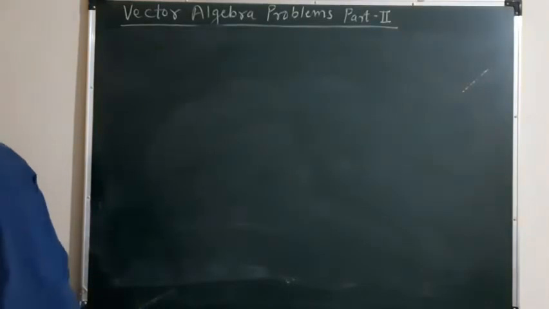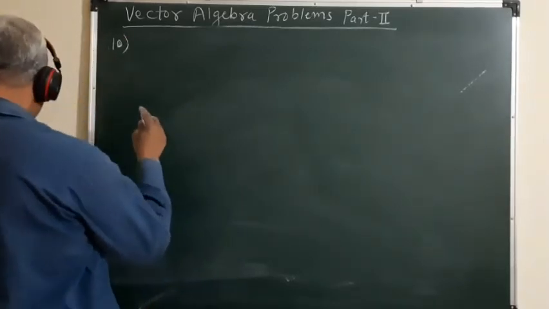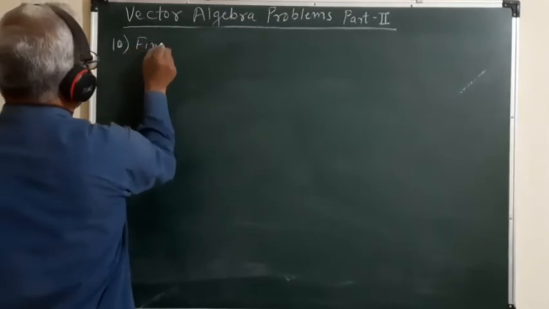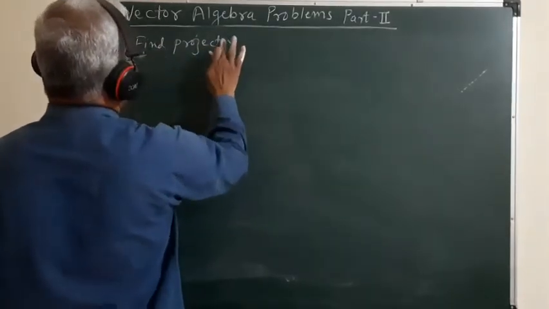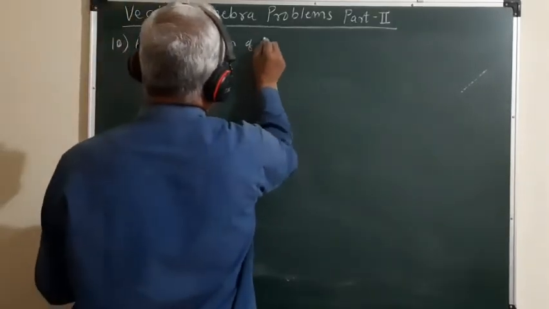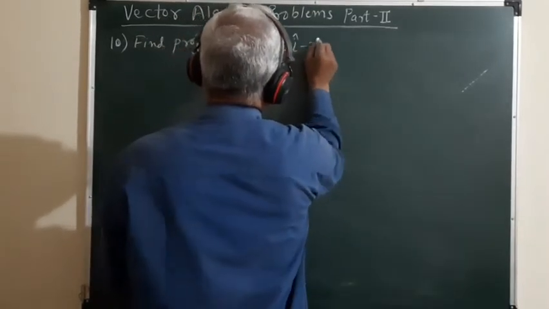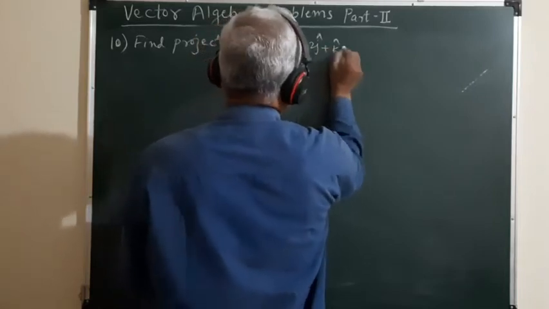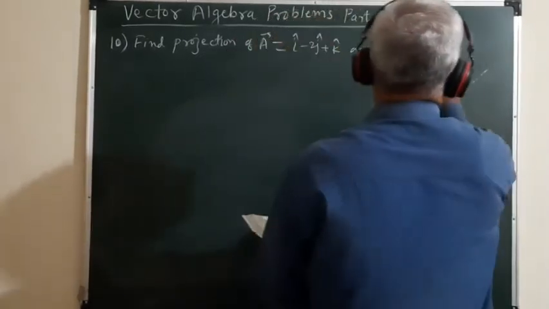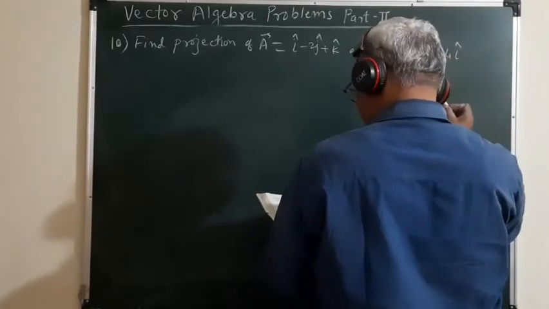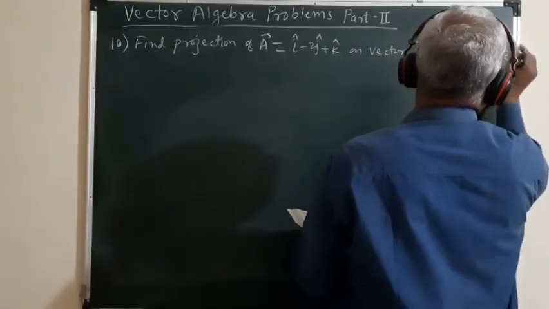Tenth one. Find the projection of vector A bar equal to i cap minus 2j cap plus k cap on vector B bar equal to 4i cap minus 4j cap plus 7k cap.